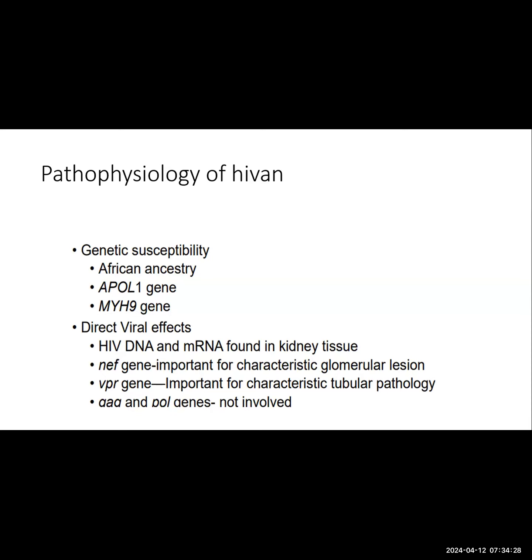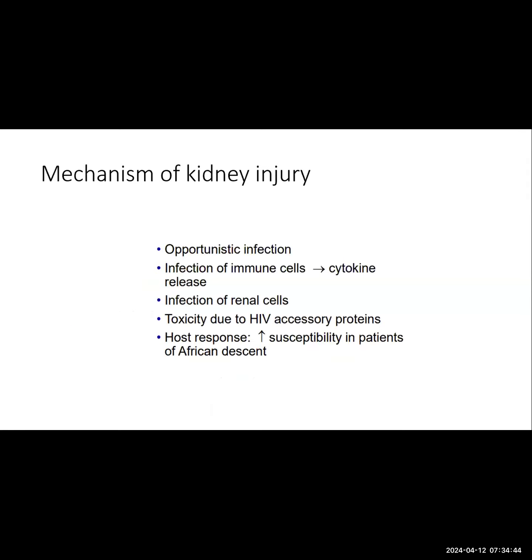Also, there are some genes that have been found to be very important for different aspects of the kidneys. The NEF gene is usually seen in patients who have characteristic glomerular lesions, and the VPR gene for those who have tubular pathology. These are very important for nephrology subspecialty MCQs.